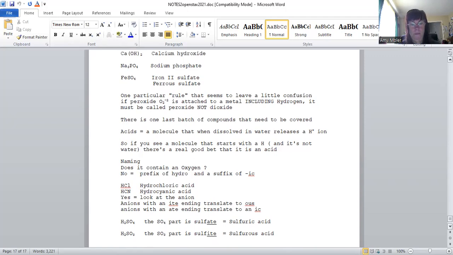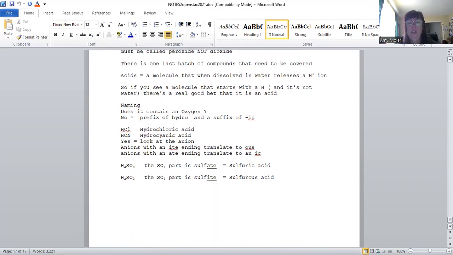Last set of rules. Acids are things that when you dissolve them in water, they release a hydrogen ion. So if you see a molecule and it starts with a hydrogen, providing it's not a water molecule, it's pretty close to a guarantee that it is going to be an acid. So then the next question is, does my molecule have any oxygens?